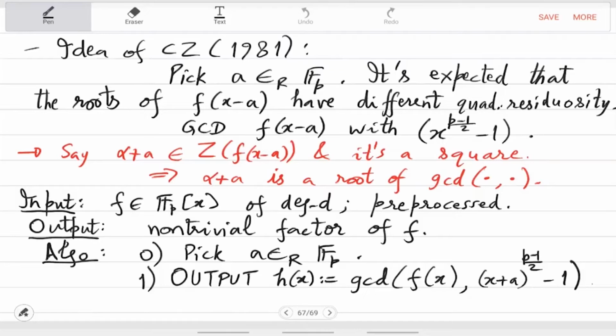The proof was just that roots alpha 1, alpha 2 of F, when perturbed by A, will have opposite residuosity. So alpha 1 will become a root of H and alpha 2 will not, right? So they will get separated.